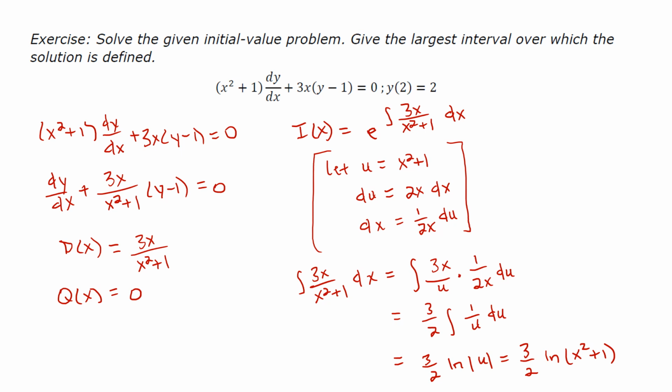So knowing the power, we can now give our integrating factor: e to the power 3 over 2 natural log x squared plus 1. When simplified, that gets us x squared plus 1 to the power 3/2. Okay, so that is finding our integrating factor step.